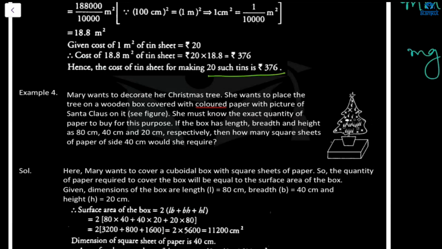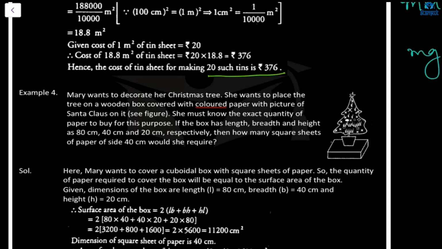Mary comes to decorate her Christmas tree. Okay, she wants to place the tree on a wooden box covered with colored paper with a picture of Santa Claus on it. She must know the exact quantity of paper to buy for this purpose. If the box has length, breadth, and height as 80 centimeter, 40 centimeter, 20 centimeter respectively, then how many square sheets of paper of side 40 centimeter would she require?